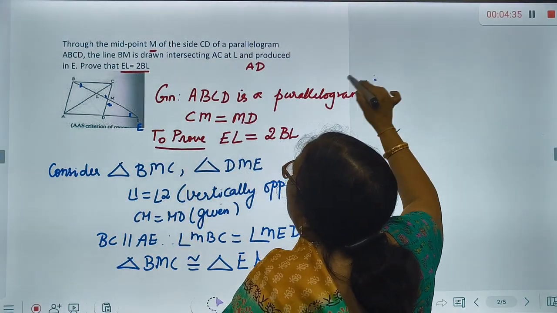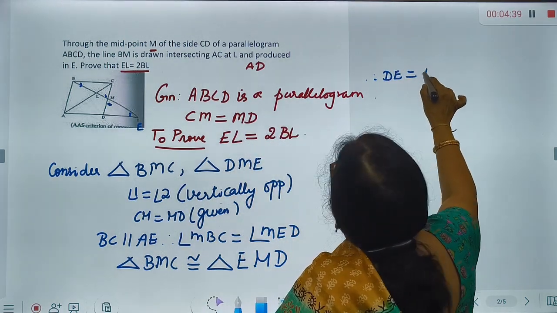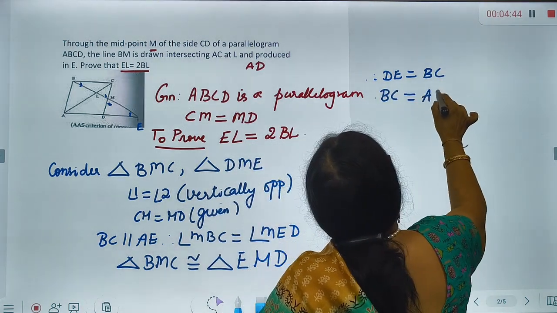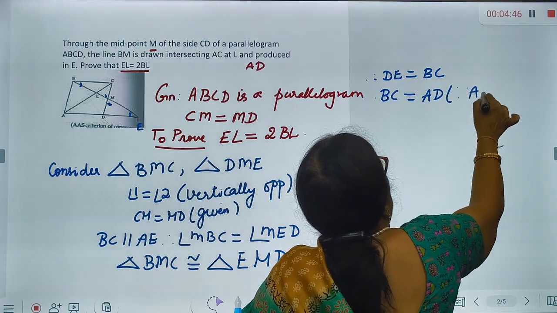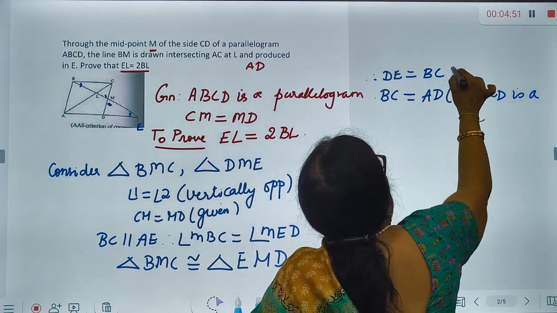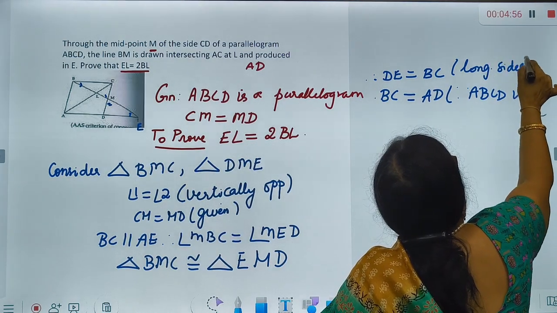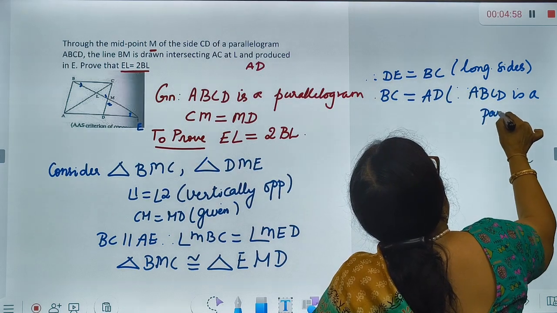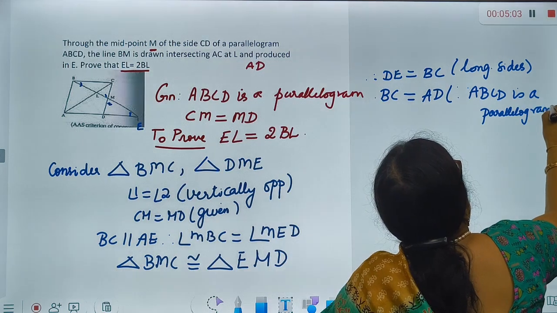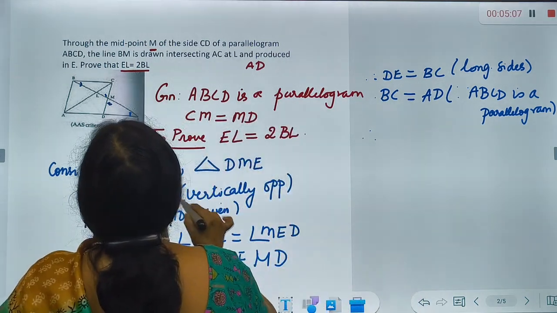Therefore, DE is equal to BC. But BC is equal to AD as ABCD is a parallelogram. These are congruent sides. It's a parallelogram. Therefore, BC equal to AD.